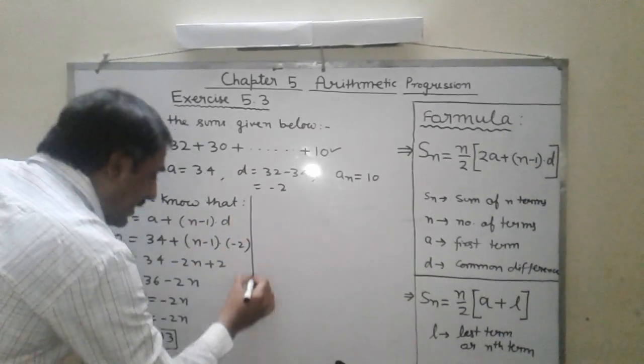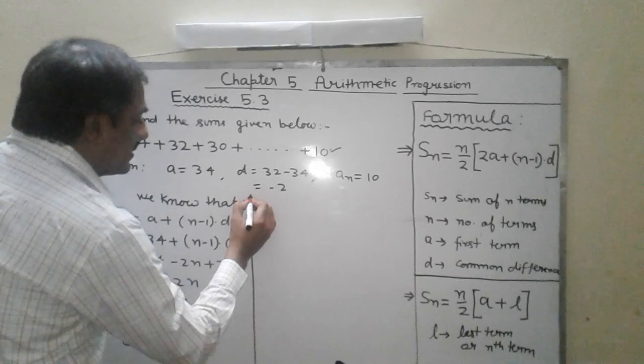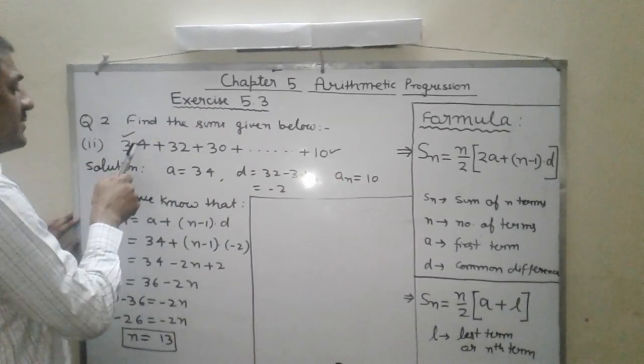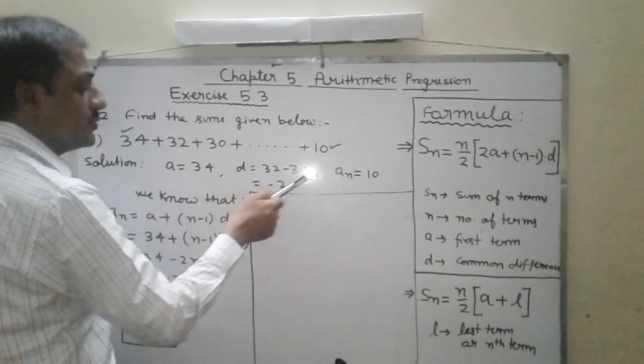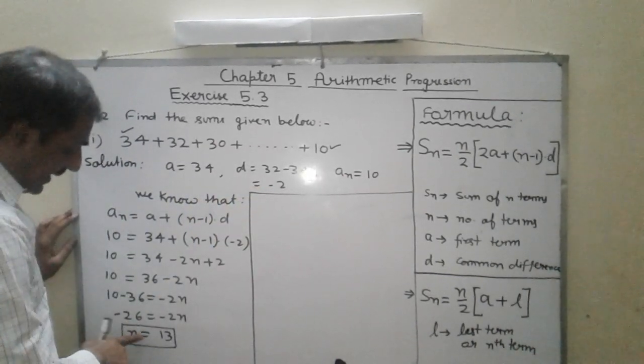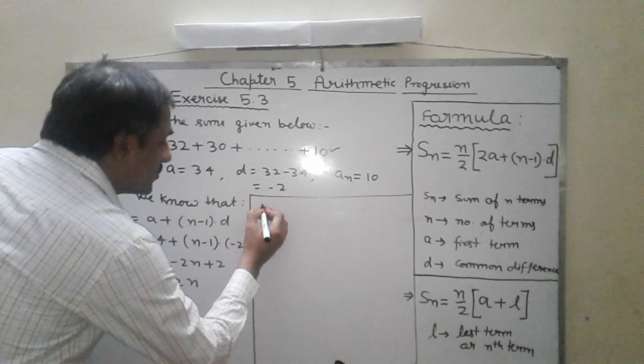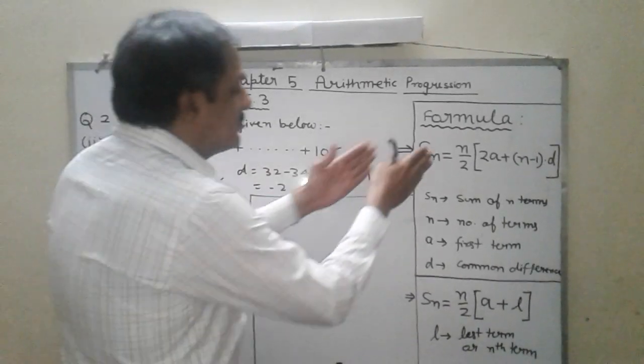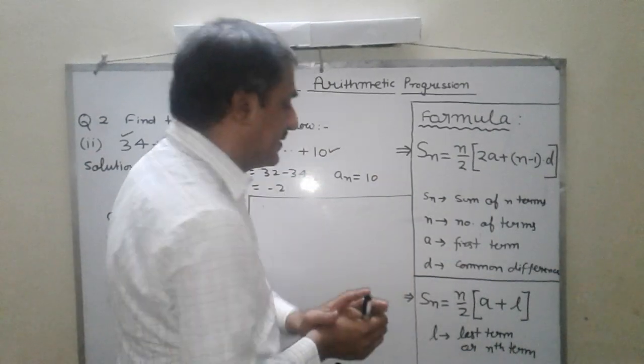Now I am going to find the sum of this AP. The first term is 34, d is minus 2 and the value of n is 13. We can find the sum of this AP either by using this formula or by using this formula.